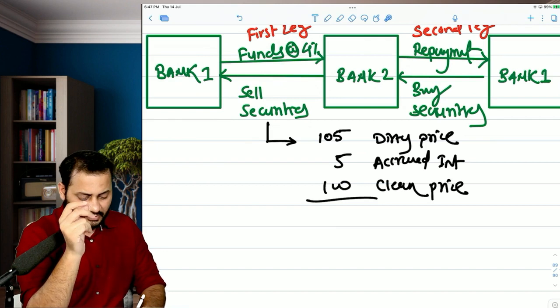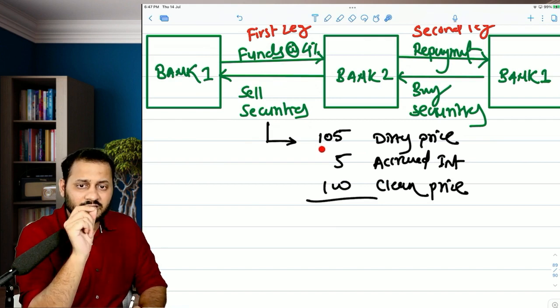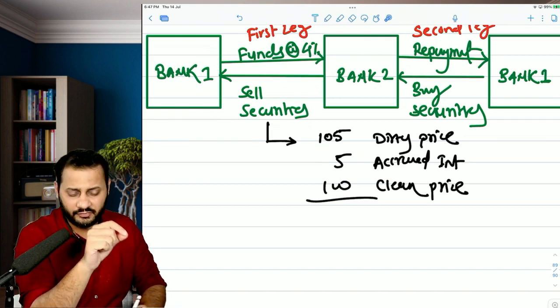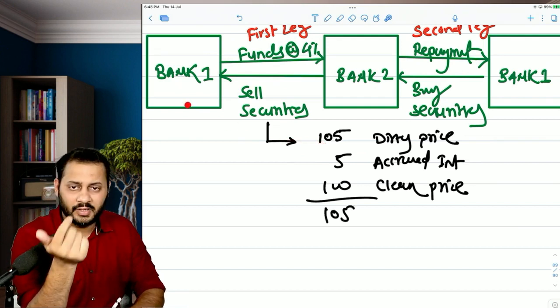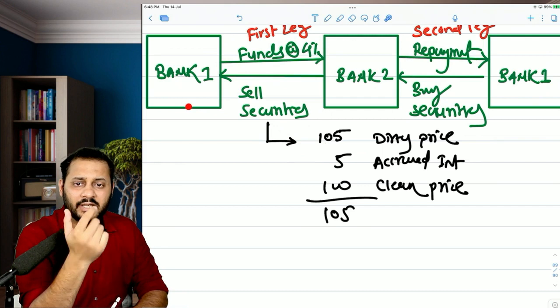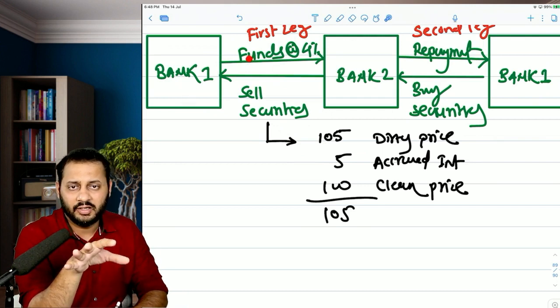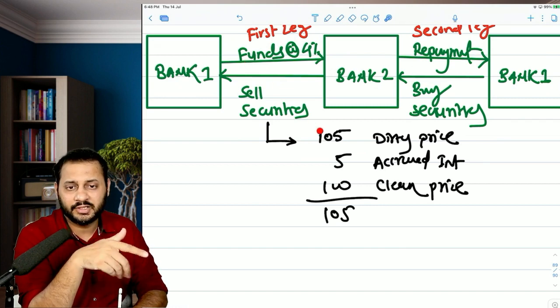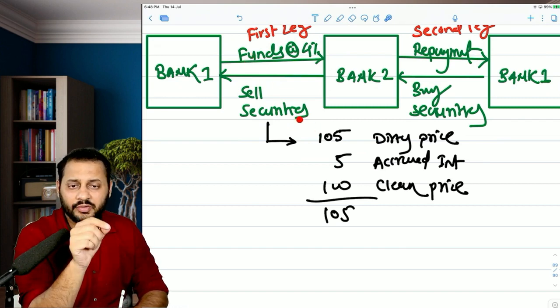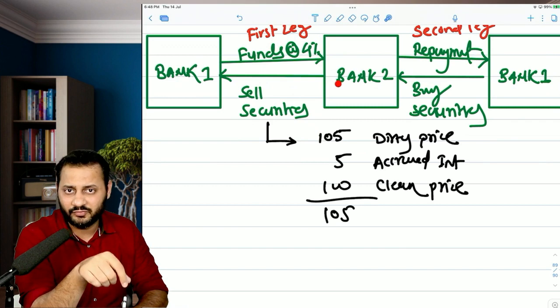Now tell me one thing. You are giving securities worth 105 to bank 1. How much money should bank 1 give you in place of that? Do you expect the bank should give you 105 rupees? No, sir.